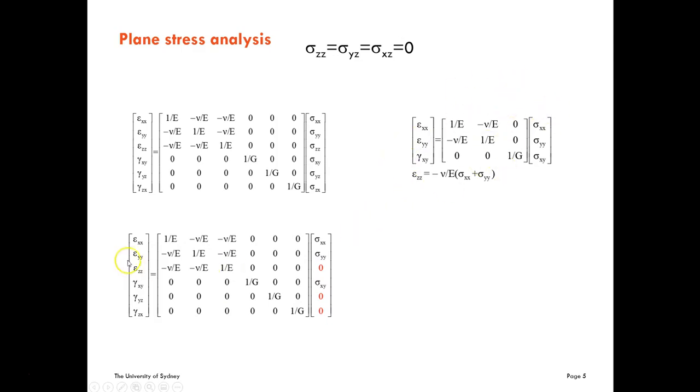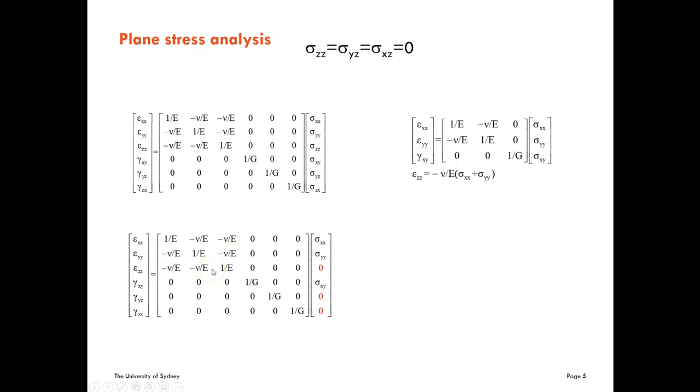How do I do this? So epsilon xx is going to be this 2 multiplied by this 1. Nothing else, because this is going to be multiplied by 0 here. So the first row is reduced to this. The second row, we are going to have these two components only. It's reduced to this one.